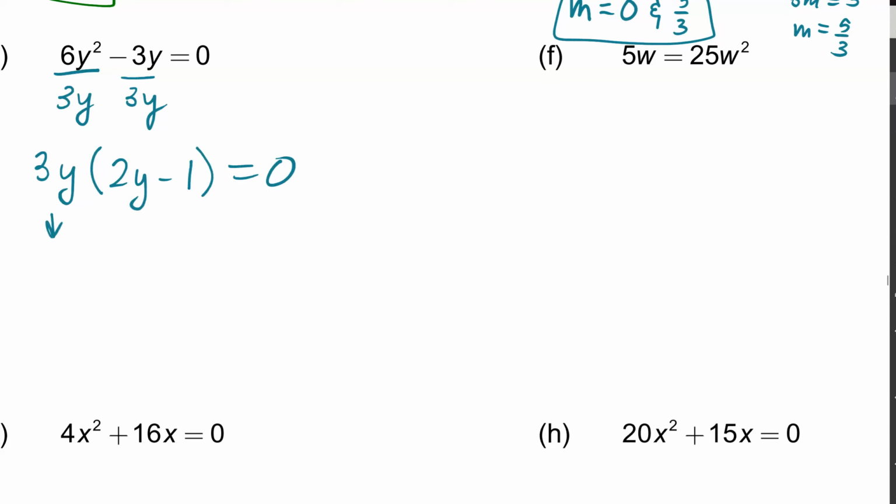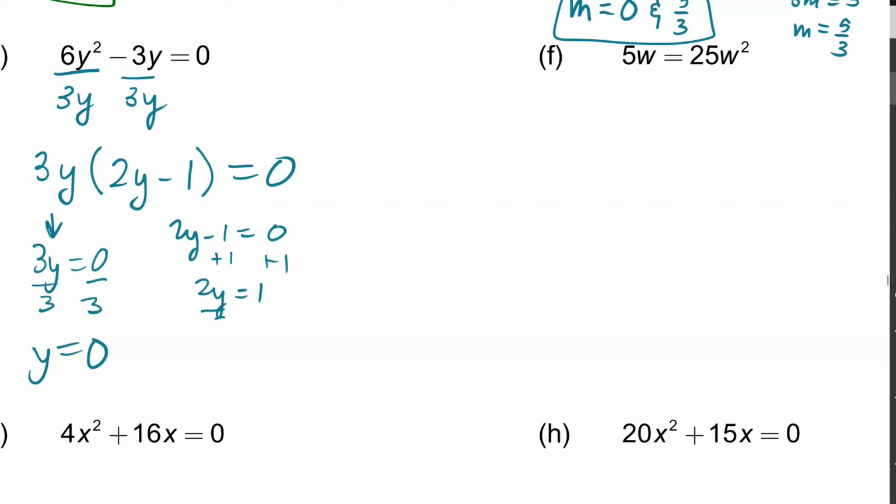Wait. So you set 3y equal to 0, divide by 3. You get y is equal to 0. So 2y minus 1 equals 0. And then it's just a two-step algebra equation.